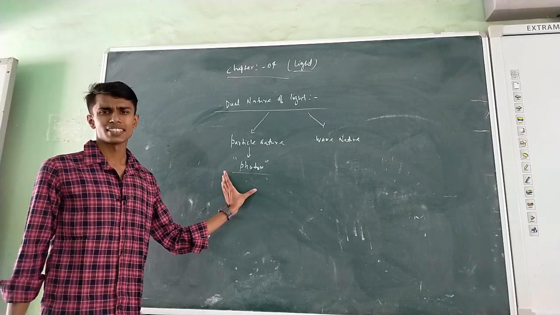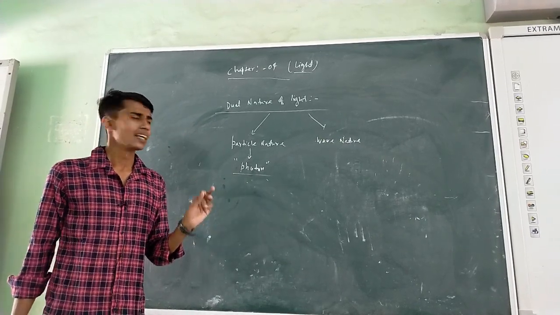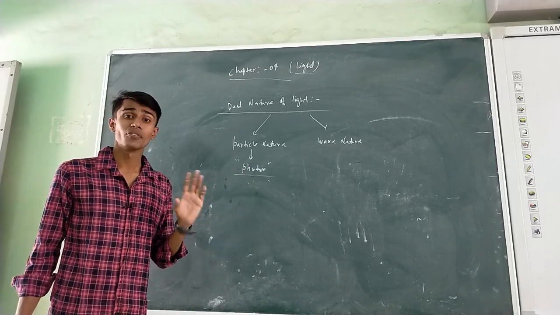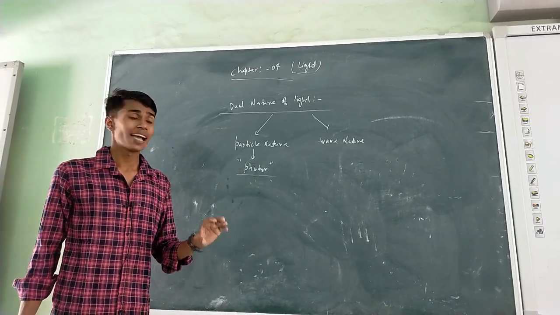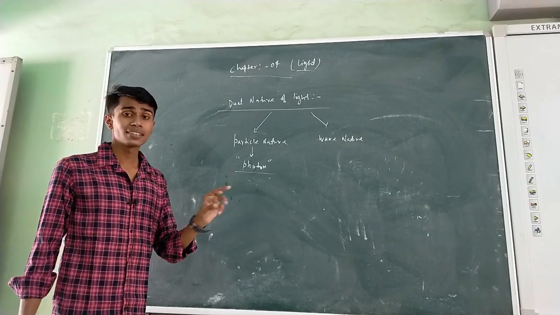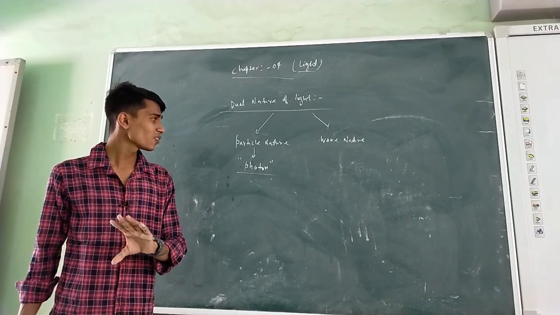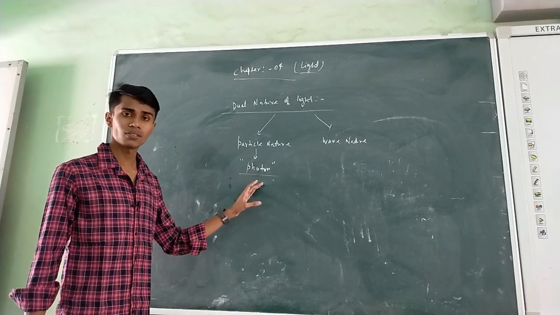What is the meaning of particle nature? In particle theory, all those theories which are based on the particle nature of light, we are considering light as the constituent of microscopic particles, and the scientific name of those particles is photon.